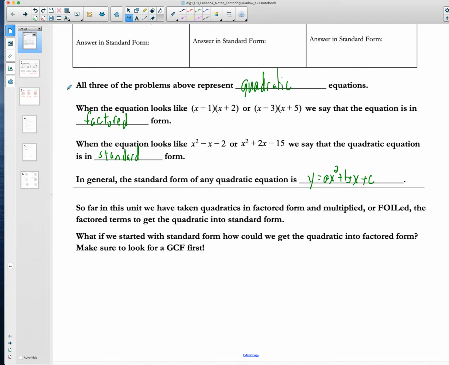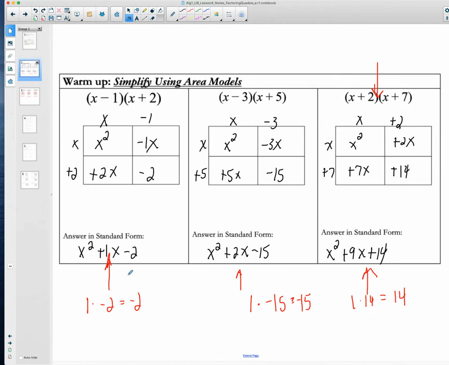Now I'm going to pop back and put some things together with this pattern. So if we think about y equals ax squared plus bx plus c, what we see is that the ax squared term always goes in this box. The c always goes here.